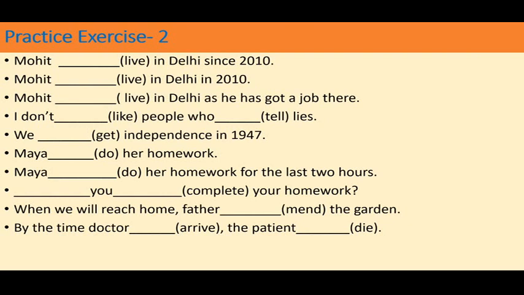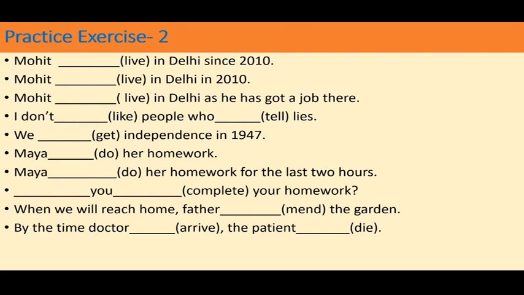Next sentence. We dash independence in 1947. In the bracket we have verb get. Maya dash her homework. You have to provide correct form of do. Maya dash her homework for the last 2 hours. Again the verb do is there. Next sentence. Dash you dash your homework?